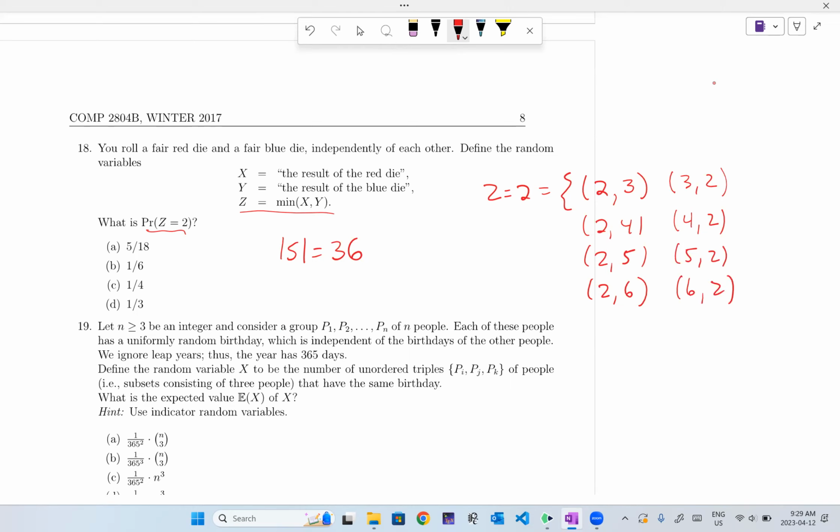And then, of course, if they're both 2, I get this. So the size of the event Z equals 2 is going to be 9. I can list them all out in this case. So the probability that Z is equal to 2 is 9 over 36, which is 1/4. Question 18, C.